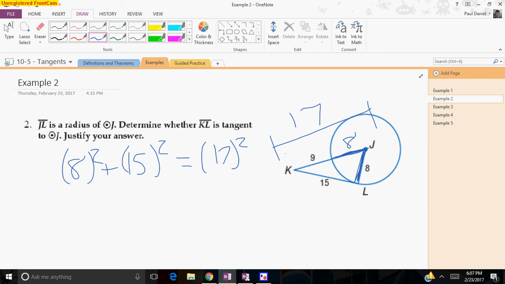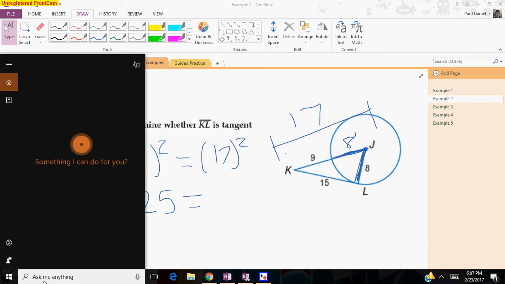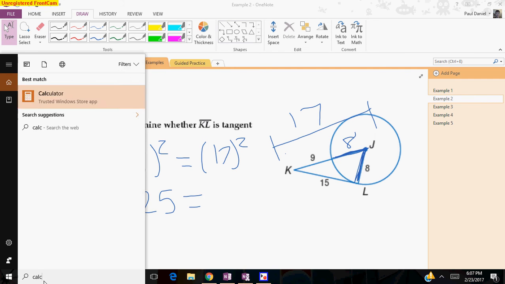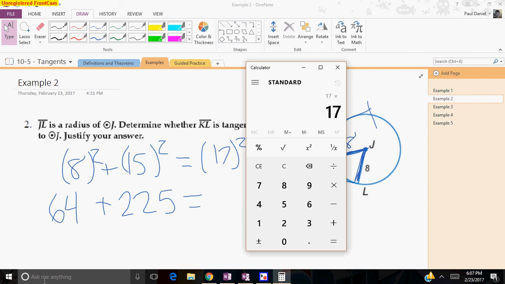Alright, so 8 squared is 64. 15 squared is 225. And then we need to get 17 squared, which I don't actually have memorized. So let's see, 17 times 17, 289.